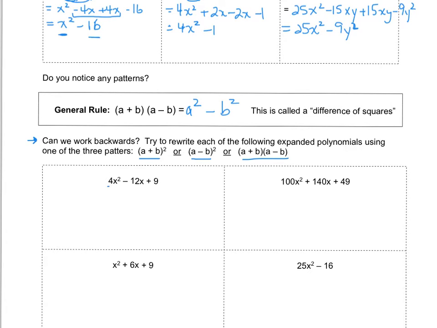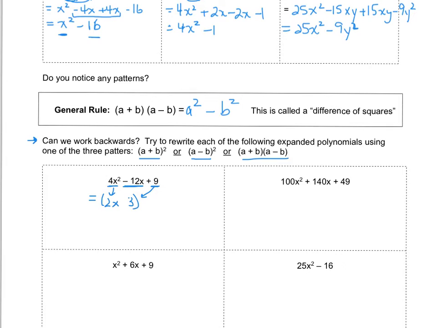All right, so I'm noticing I have a perfect square here and a perfect square here. Here I have a minus 12x. So maybe this is the one. If I work backwards, I'm going to square root this and get 2x. And I'm going to square root the 9, and I'm going to get a 3.